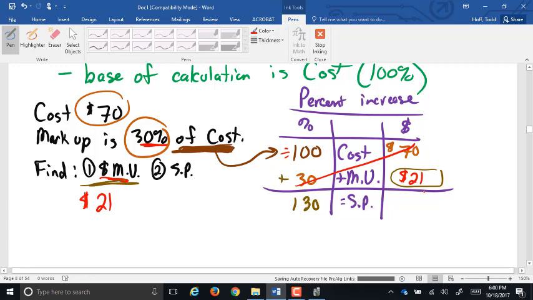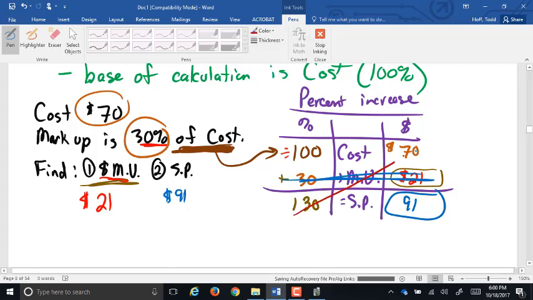Now back to finding the selling price. Two ways I could go about it. Of course, I could just do 70 plus 21 is $91. Or if I wanted to go through it the long way, to double check, I wouldn't need this row.